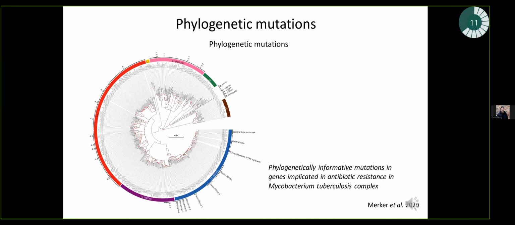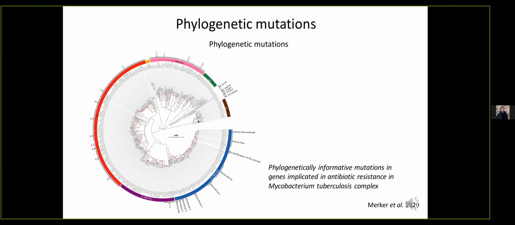Of course you are not expected to do this analysis every time. You can do it, but there are other studies that have already done this kind of analysis, identifying phylogenetic mutations in tuberculosis. This is a very nice example. There are many phylogenetic mutations identified in these and other works.